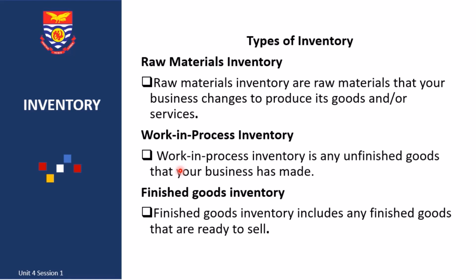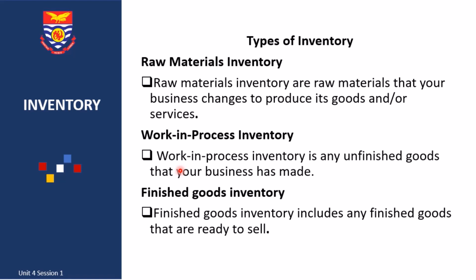If you take a typical cake manufacturer, before they come up with a complete cake, they have to first bake the actual cake on its own and then put it together, ice it, and then design it to come up with a finished product. So if you go to a cake manufacturer and you find that baked cake that hasn't been put together, it could be considered as a work in process inventory.